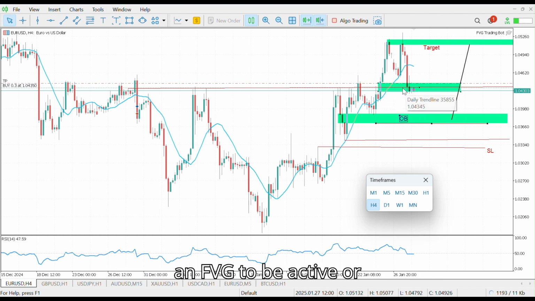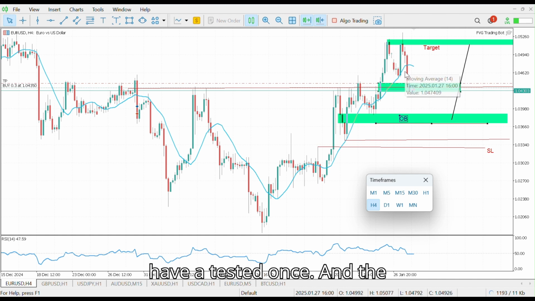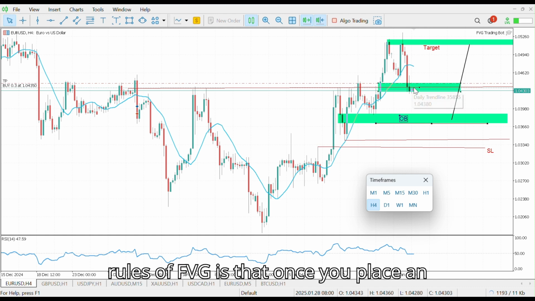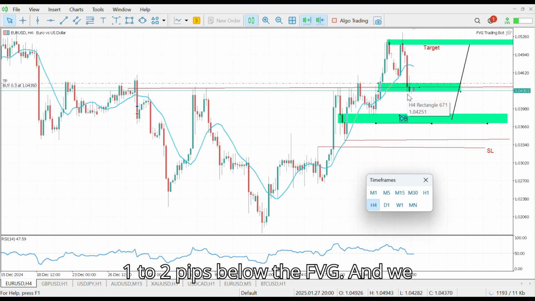Now for an FVG to be active or effective, it has to be unmitigated. Unmitigated means that it must not have been retested. And the rule of FVG is that once you place an entry, your stop loss is just 1 to 2 pips below the FVG.